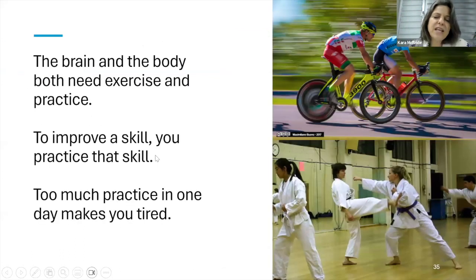Here's another one, and this connects to many of the comments that you made in the early part of our workshop today. The brain actually works really quite a lot like the body does. So if you want to be good at biking, bike. If you want to be good at karate, practice karate. If you want to learn a skill, practice that skill.